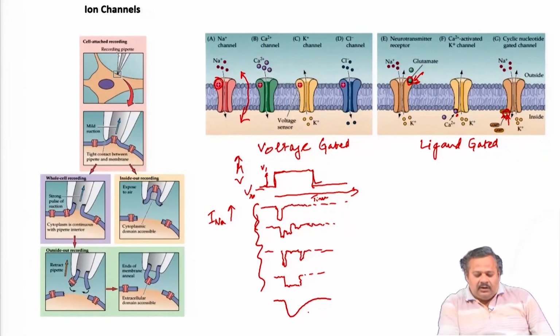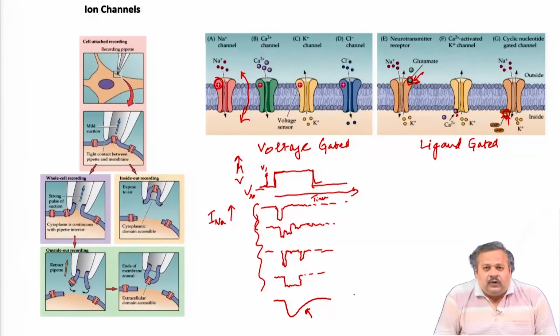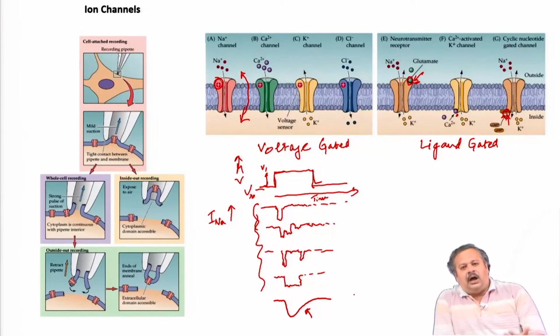And this is what will reflect our sodium current overall, and based on the voltage we will later see how we can determine the conductance of the sodium channels based on these current measurements of a particular ion.